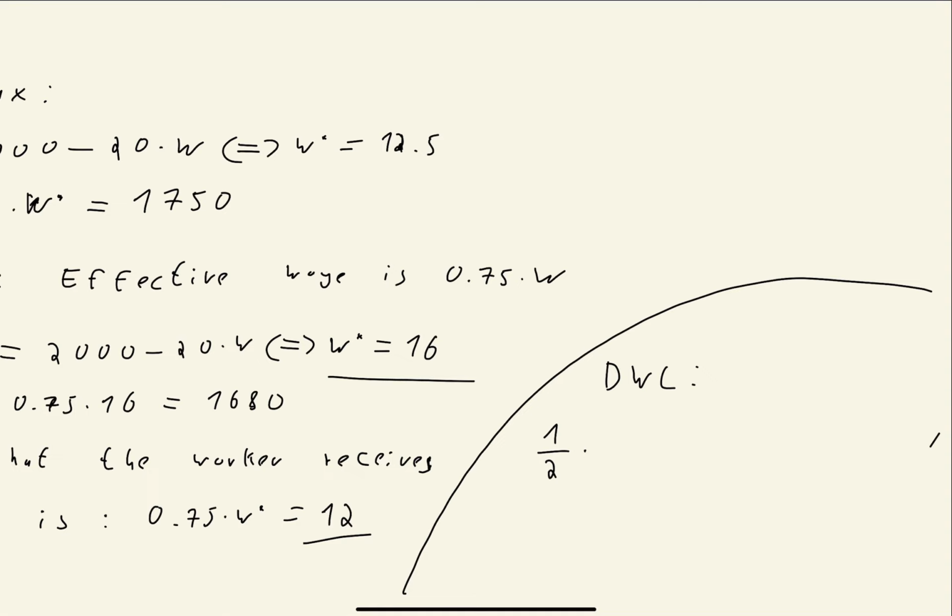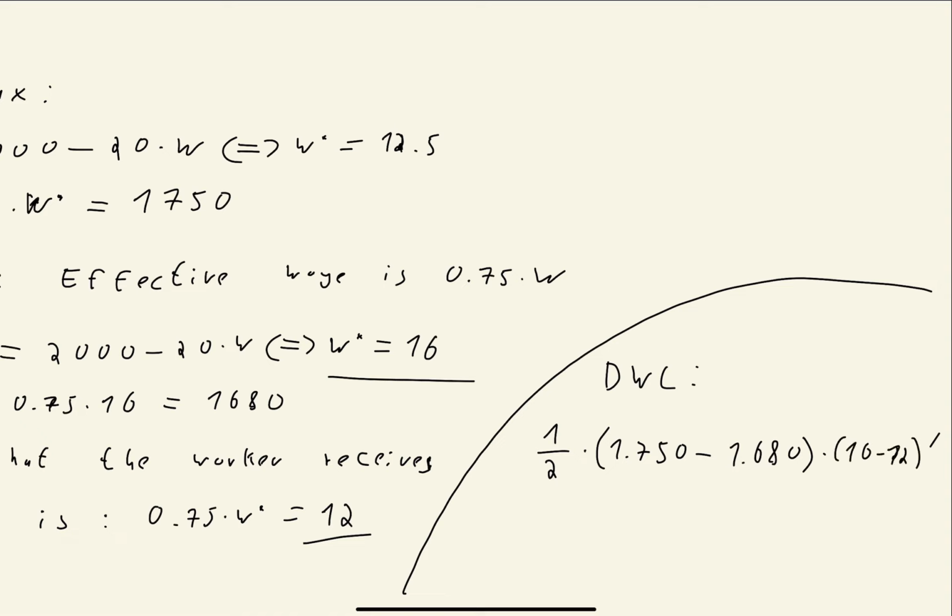So it's 1/2 times 1,750, which was the quantity of hours supplied or demanded before the tax, minus 1,680, the situation after the tax, times the tax in monetary units that the government is receiving. So here it's $16 minus $12.